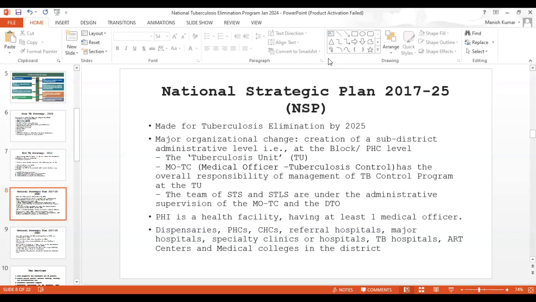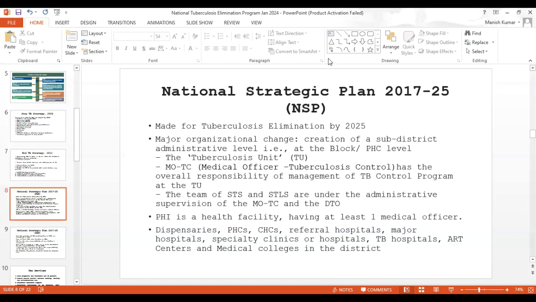But in hilly, desert or other hard-to-reach areas, it can be even at 1 lakh. Usually it is around 2 lakh population, and now they have decentralized it to block level. Every developmental block needs to have a TB unit. That's how they have designed the program in the coming years.